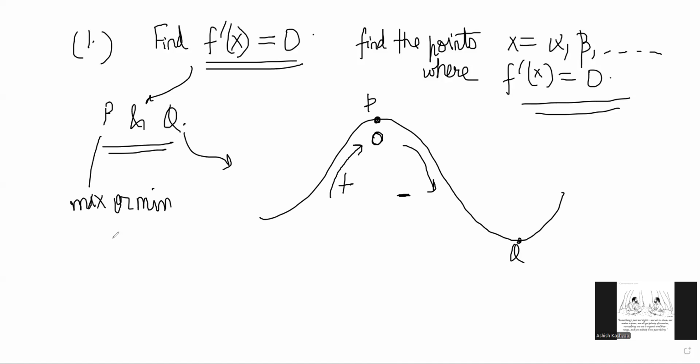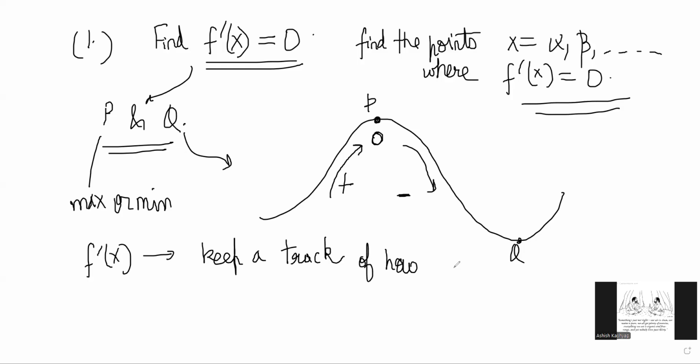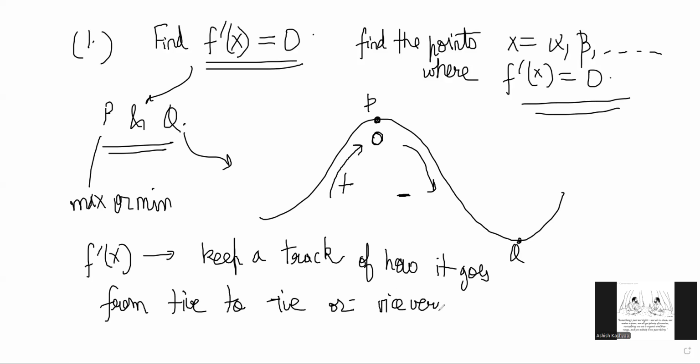Now, even if you don't want to calculate the double derivative, you can still get away with this much because you can find the single derivative and keep track of how it changes its sign, how it goes from positive to negative or the opposite.